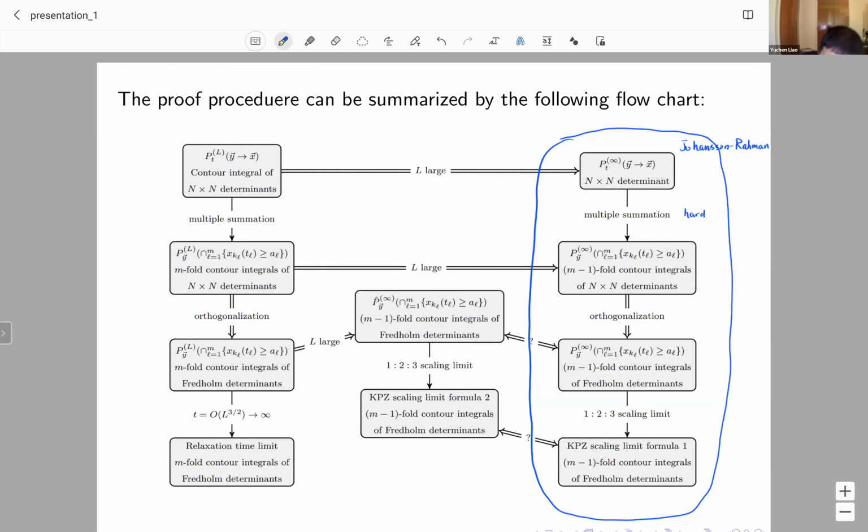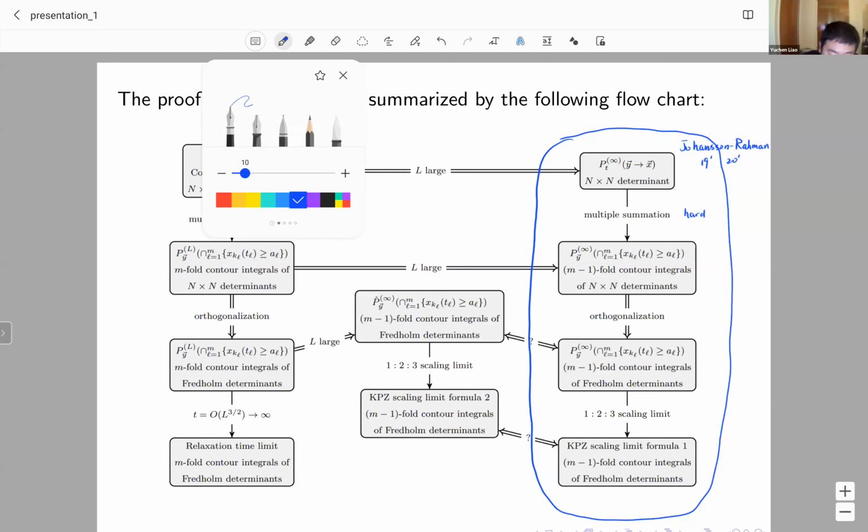This fourth step is achieved by the work of Johansson and Rahman. So they obtained a formula of a very similar type to the one I presented here for the homogeneous case, and two times for the inhomogeneous case. But the Fredholm determinant takes a different form, and a priori I don't know how to verify they are equivalent.